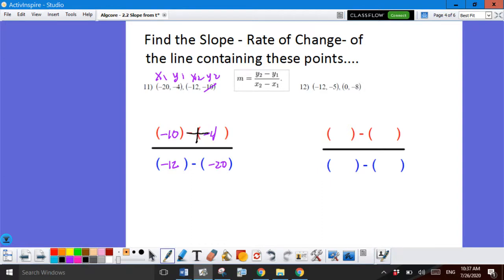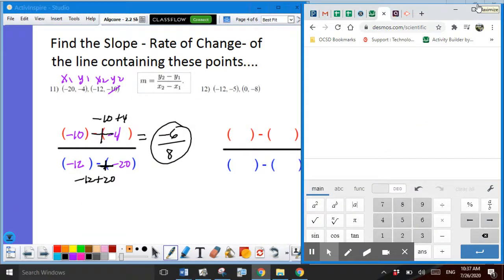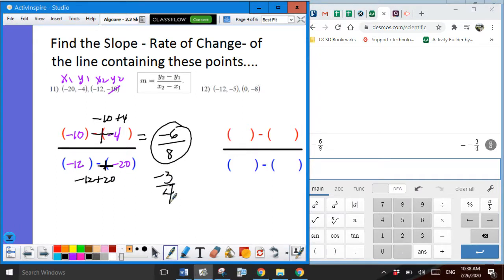Negative is positive. -10 plus 4 is -6. Negative again, positive. -12 plus 20 is 8. Is that simplified? So -6 divided by 8 is -3 over 4.